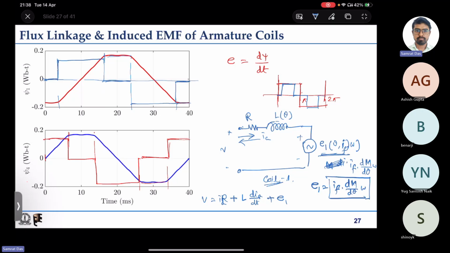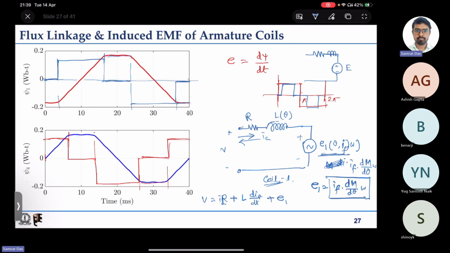But if we remember what was discussed in our first class on DC machine, even the steady state equivalent circuit of the armature winding was modeled only as some resistance and a constant induced EMF. And if we include the dynamics, that is the armature inductance, then it became like that.